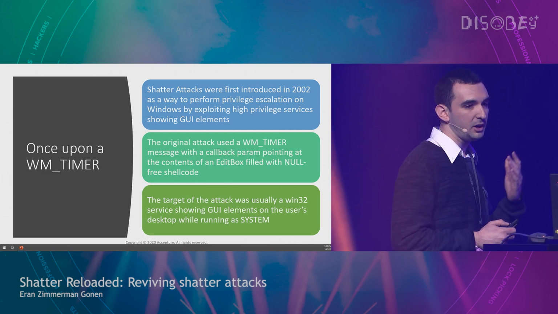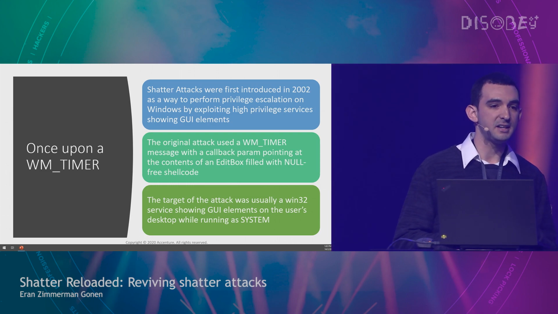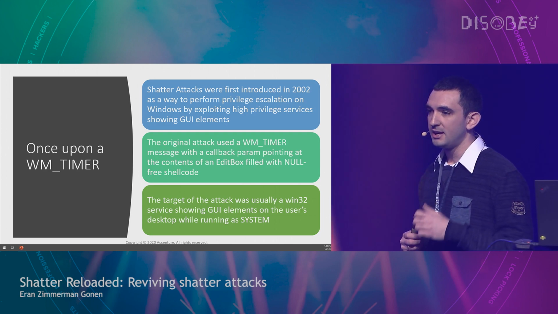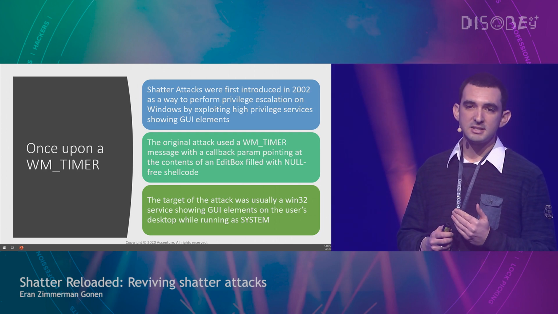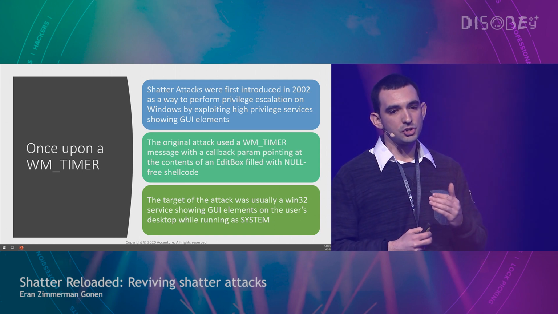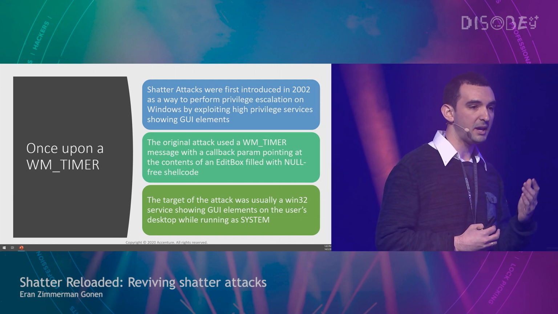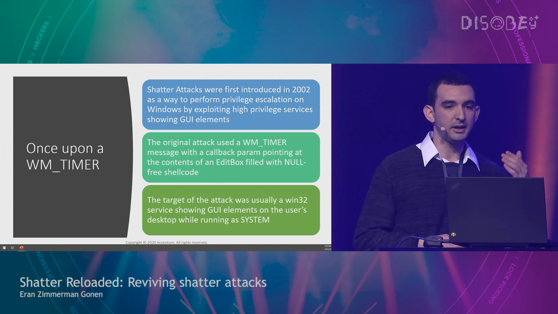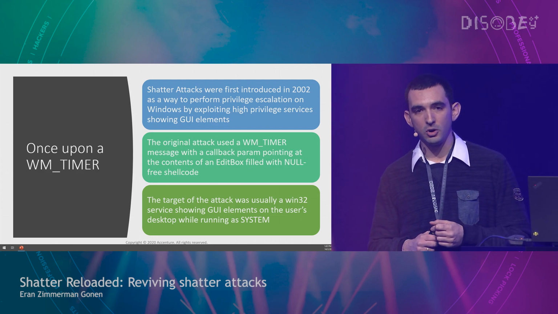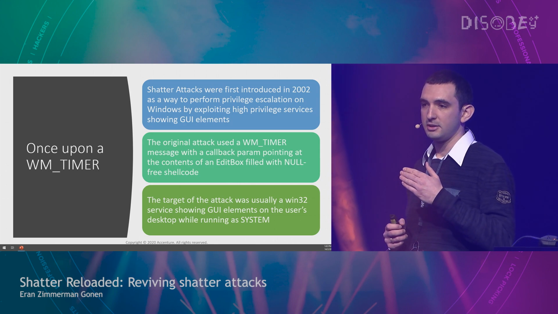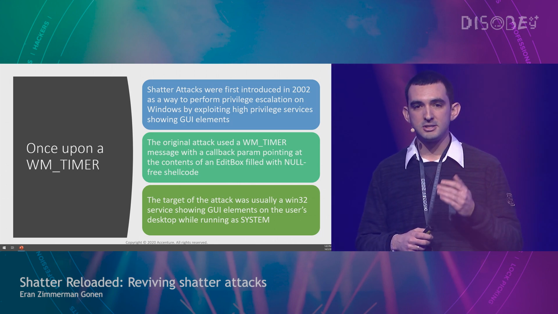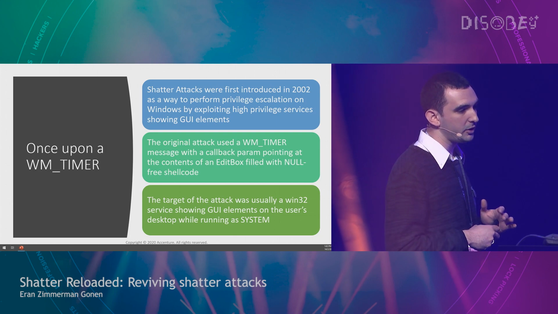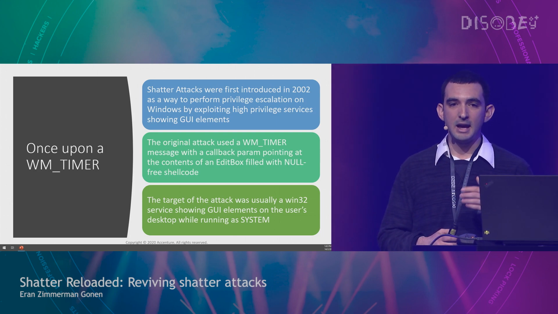In this paper, he describes an attack where he uses a WM_TIMER Windows message sent to a target process, and that message has a pointer to a callback that will be executed. Now, for this callback, he injects some code using an edit box control, and then the pointer to the callback points to that code.